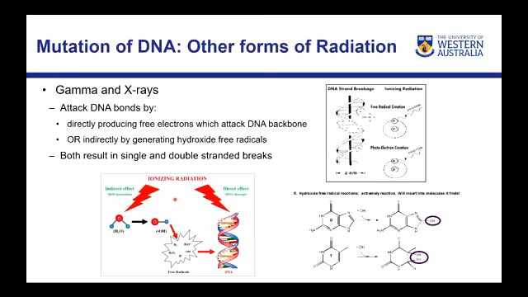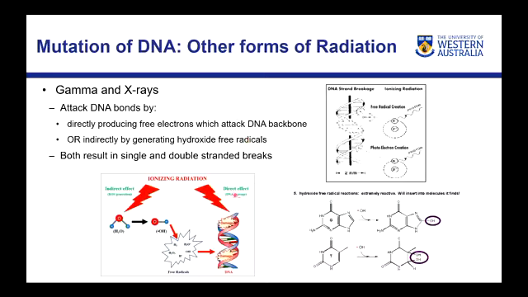Other forms of radiation also cause damage to the DNA. These include gamma and X-rays, and they attack DNA bonds by directly producing free electrons, which attack DNA backbones.